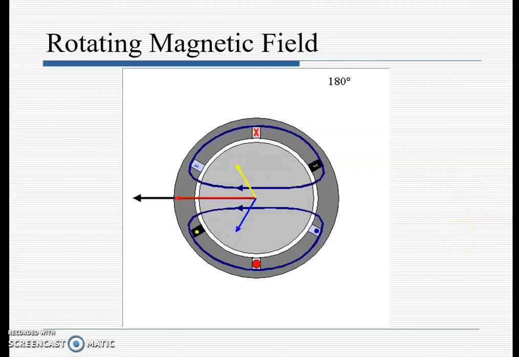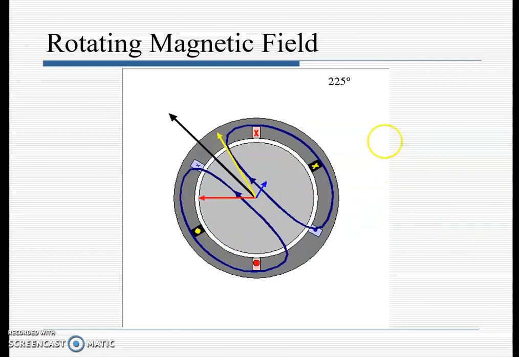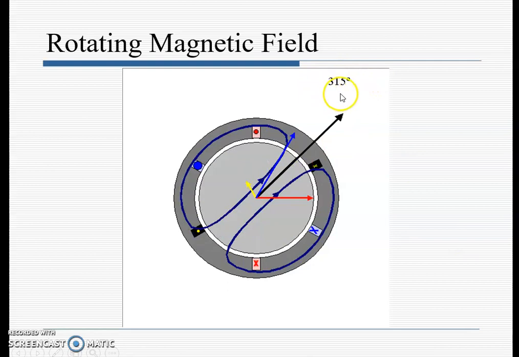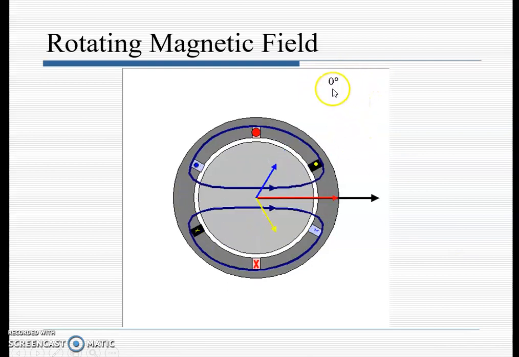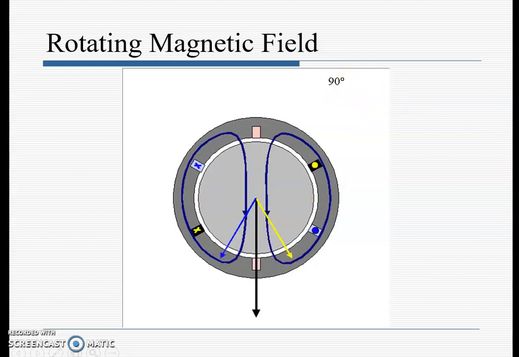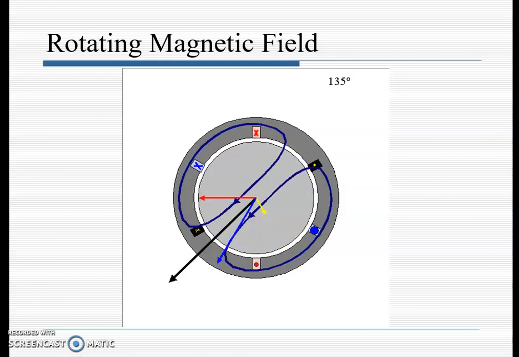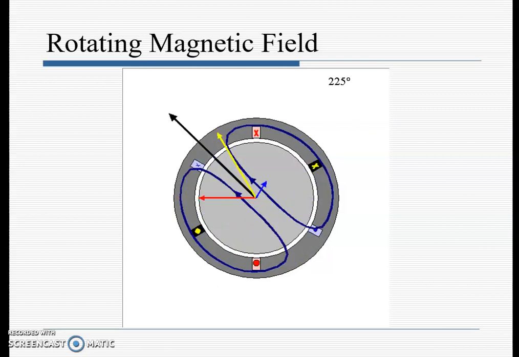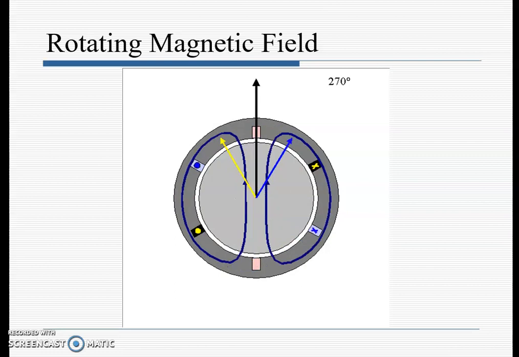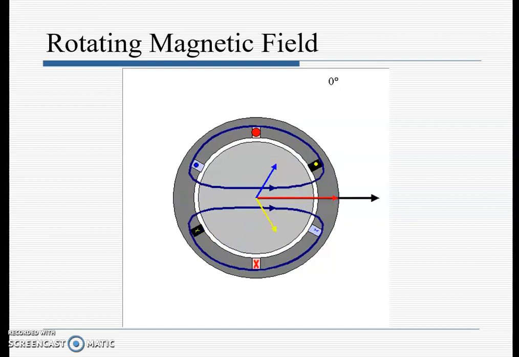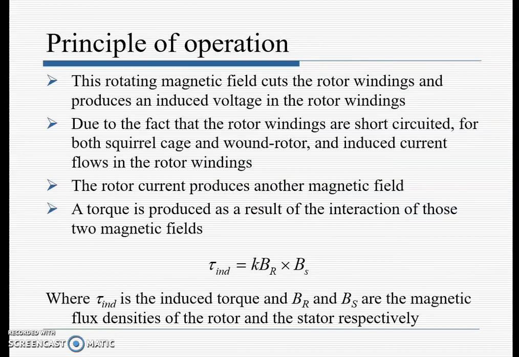Here our motor rotates in the anti-clockwise direction, and you can see how the red, yellow and blue phases vary, the movement of the three phases from 0 degrees to 360 degrees and so on. This movement is shown at an interval of 15 degrees.